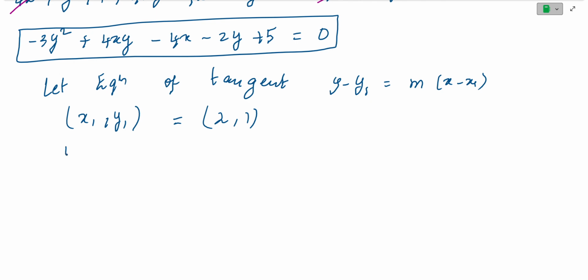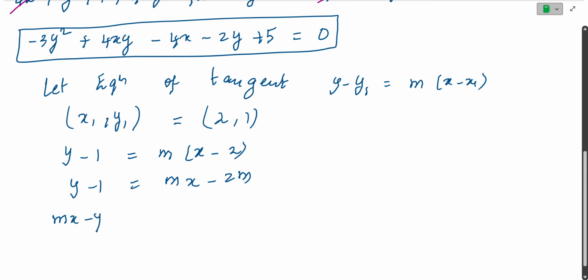So the equation of tangent can be written as y minus 1 is equal to m into x minus 2. Let us simplify this equation. M can be multiplied to the expression x minus 2: mx minus 2m. So y minus 1 on the left hand side. Transpose all the terms to one side. It can be written as mx minus y plus 1 minus 2m is equal to 0.